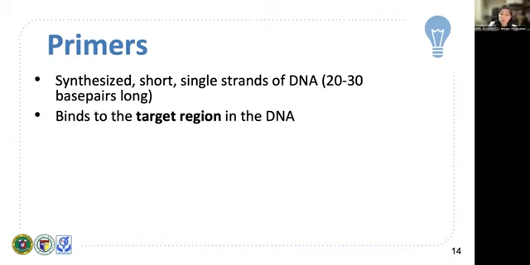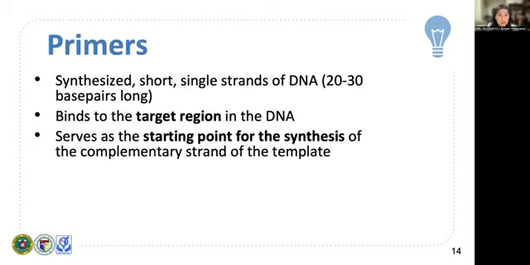So of course, to be able to design your primers, you need to know the sequence of your target DNA. And it's actually the starting point of your synthesis of the complementary strand of the template during your PCR reaction.